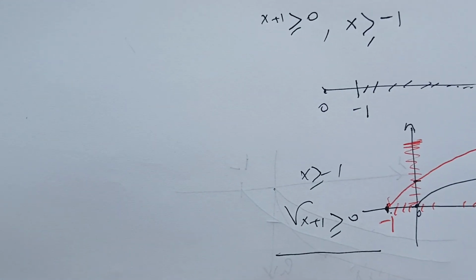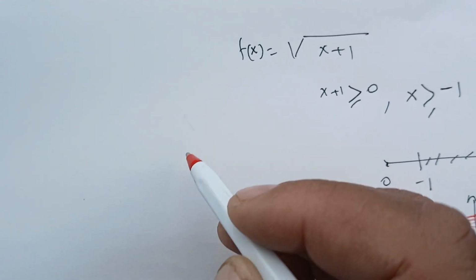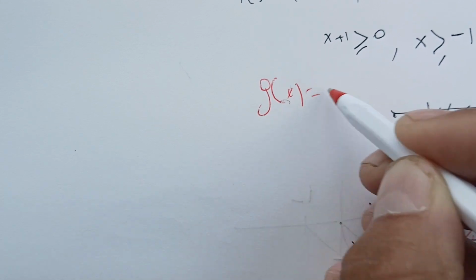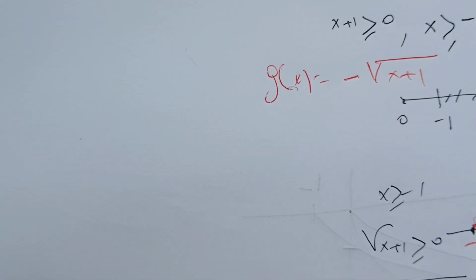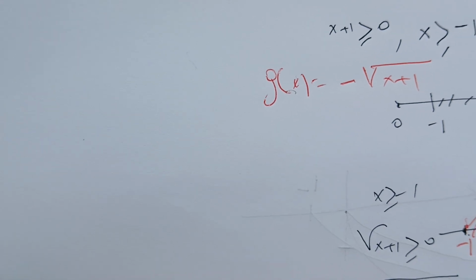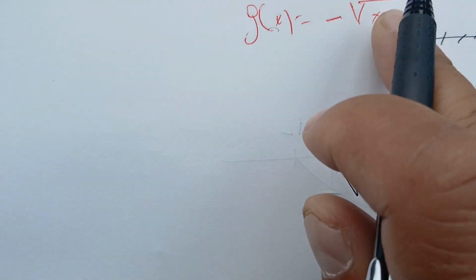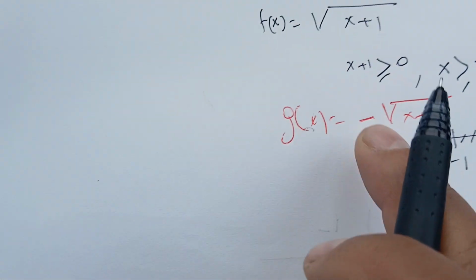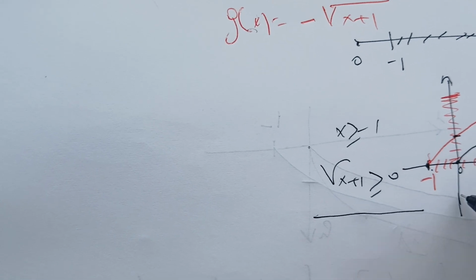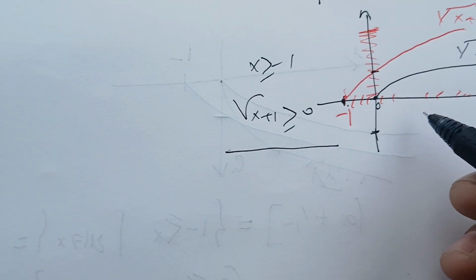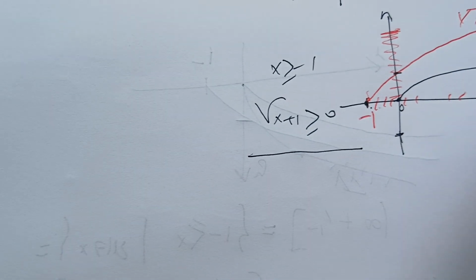Another function that we can deduce is g of x, defined by minus square root of x plus 1. What's this function? In this case, the relation between f and g is that g is just the mirror image of f with respect to the x-axis.